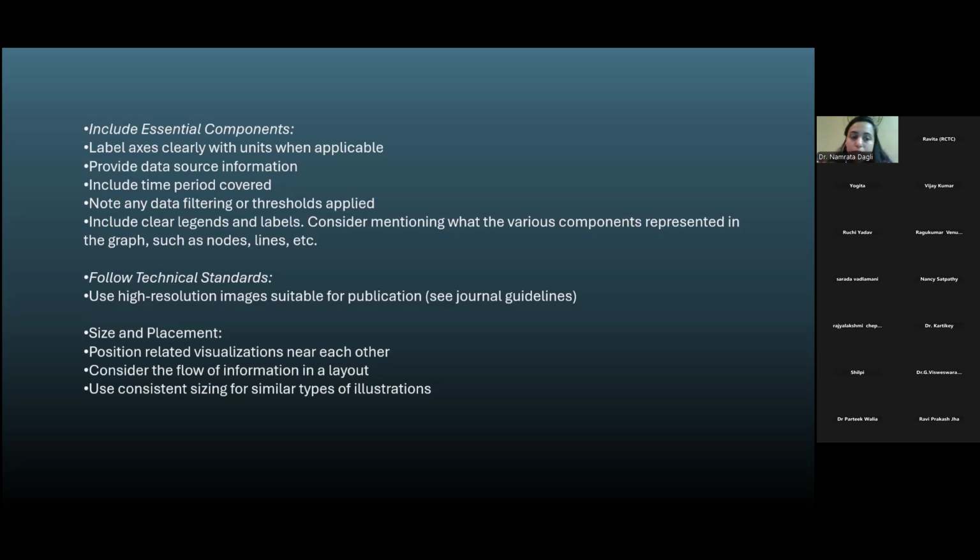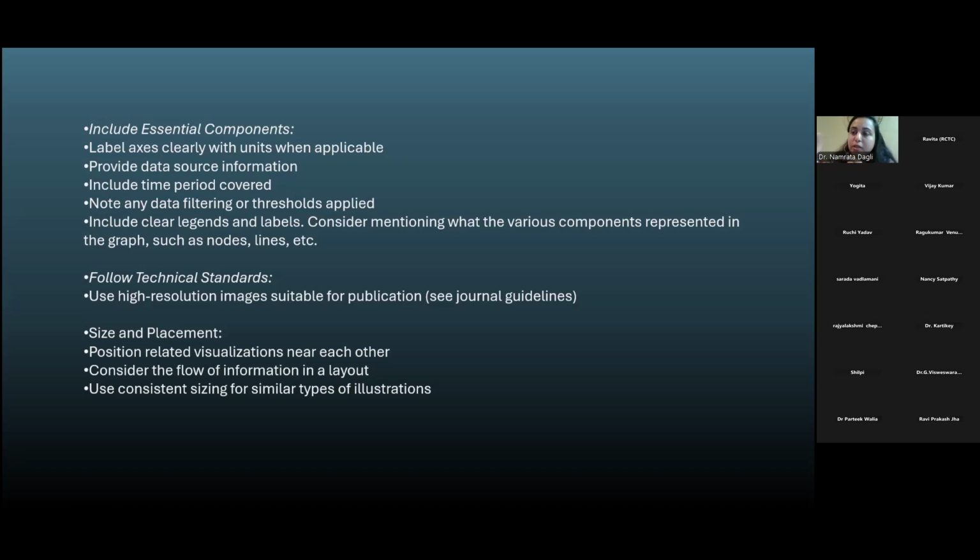And placement. Position related visualizations near each other. There should be a sequence in your manuscript. If you are talking about authors, then try to add everything related to authors sequentially, and then institution, country, sources, and then thematic analysis. Or you can do the reverse: countries, institution, authors, sources, then thematic analysis.